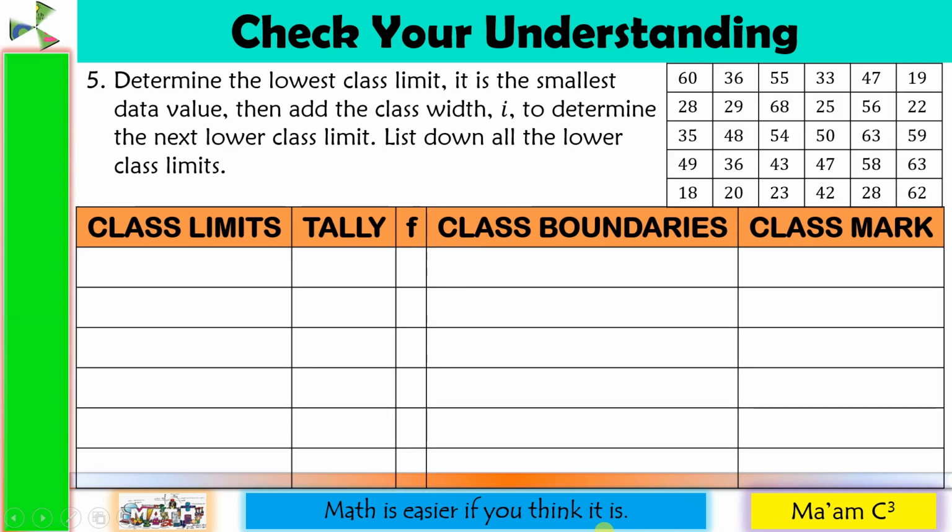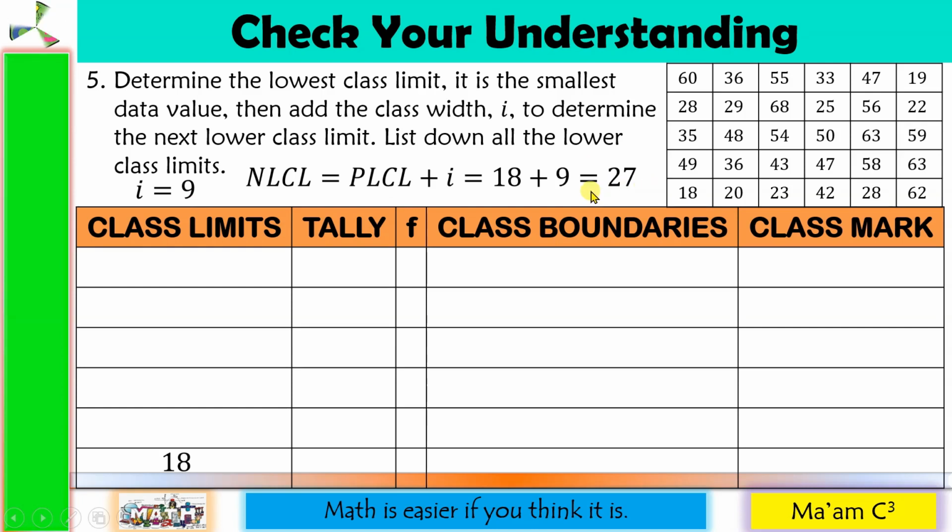Next step is to determine the lowest class limit. That is the lowest value in our observation. And again, that is 18. This time, I'll start from the bottom. The next lower class limit is equal to the previous lower class limit plus the class width. The class width is our answer in step 3 and that is equal to 9. So the previous lower class limit, 18, plus 9, is equal to 27.